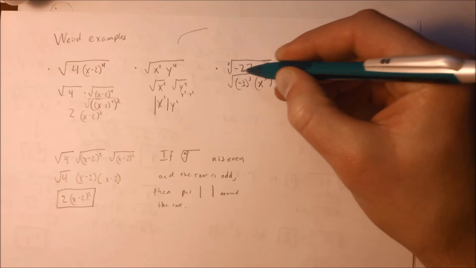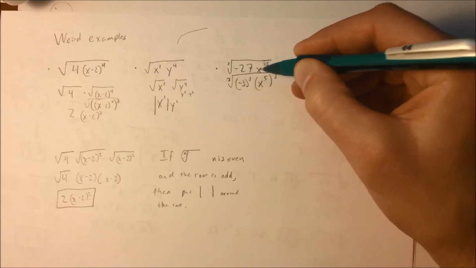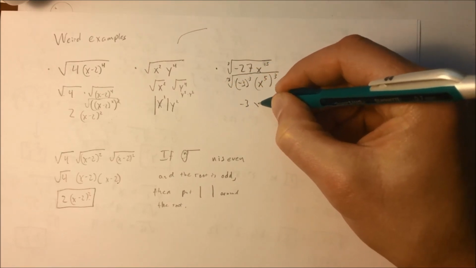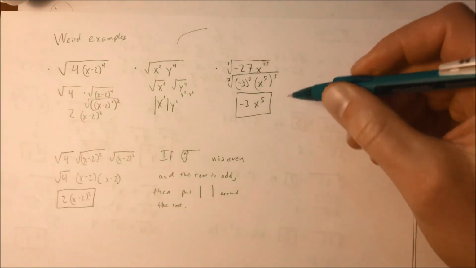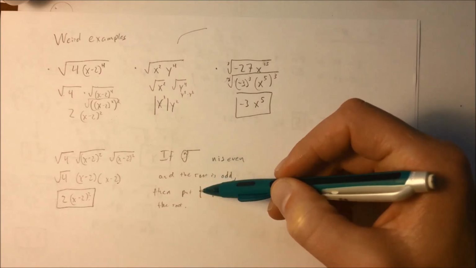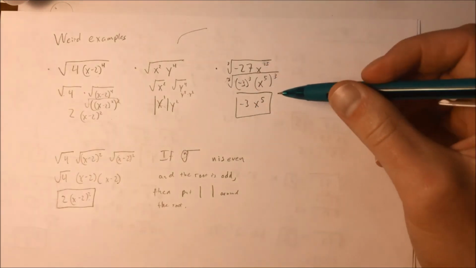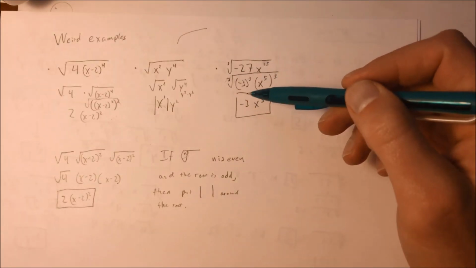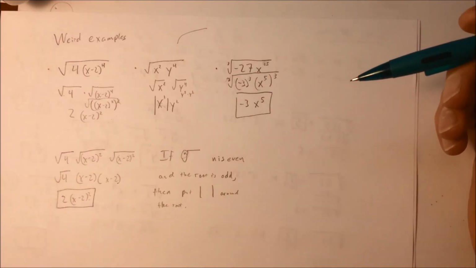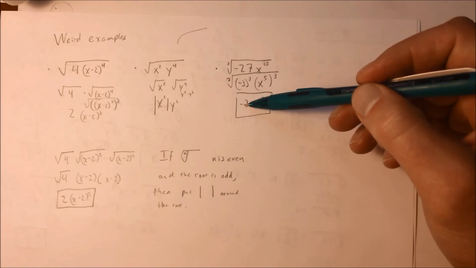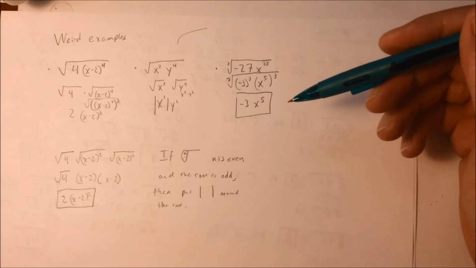If I take the cubic root of both of those, the cubic root there cancels out, and that one cancels out, so we're going to get negative 3x to the fifth. So if it's an even root, you have to put absolute values around it, whether it's the square root or the fourth root, whatever it is. But if it's an odd root, doesn't matter what it is, even if it's negative in here, you can still take the root of it, just because a negative number raised an n number of times, if n is odd, will in fact be negative.